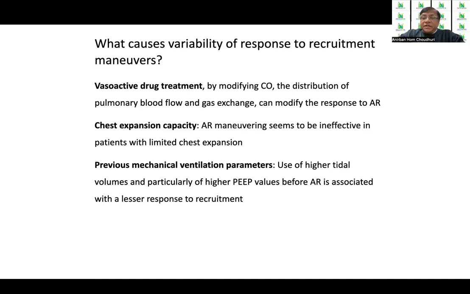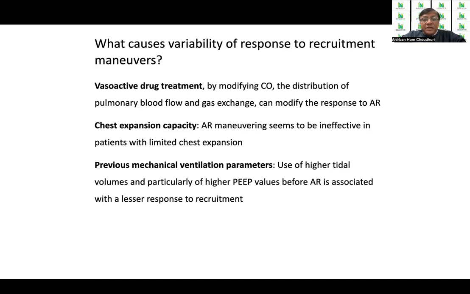Now, if these patients are in sepsis or in some form of distributive shock, where they cannot increase the systemic vascular resistance, they will tend to have more severe hypotension, a fall in cardiac output, and therefore a reduction in the pulmonary blood flow. So when the PEEP is expected to cause benefit because of the fall of pulmonary blood flow, it can rather worsen or aggravate the VQ mismatch. So this also has to be kept in mind.